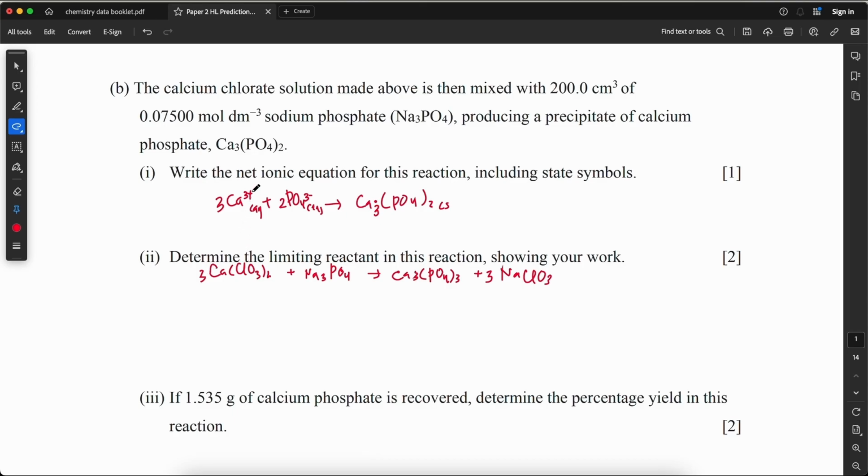So as we already did the calculation before, the mole of calcium chlorate is 0.01713. So we can calculate also the mole of sodium phosphate, which is 1/3 times 0.01713. So I would just write the answer here, which is 0.0086.